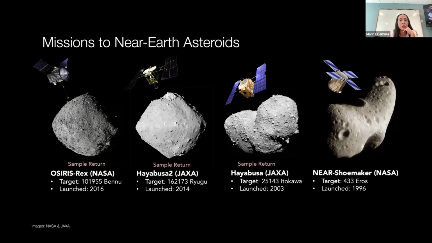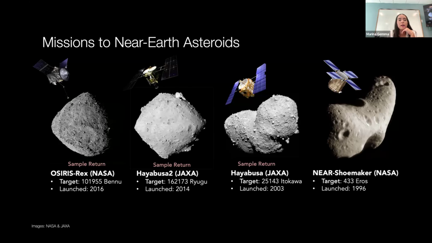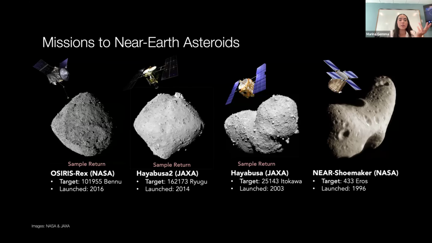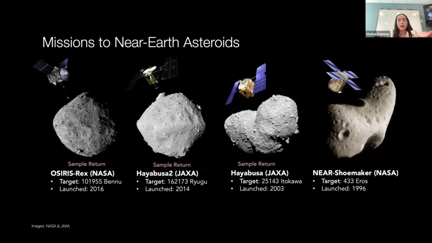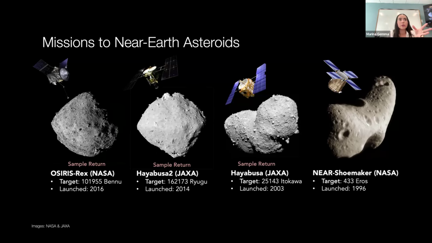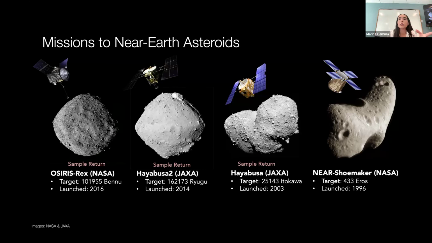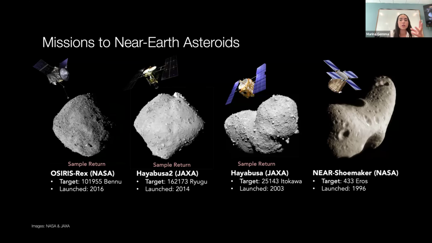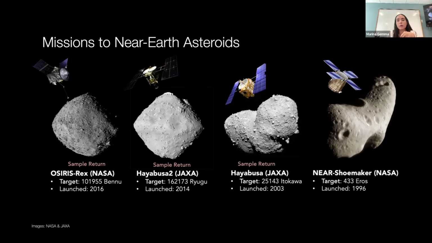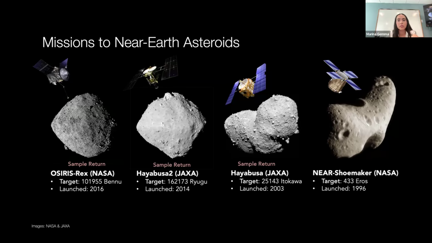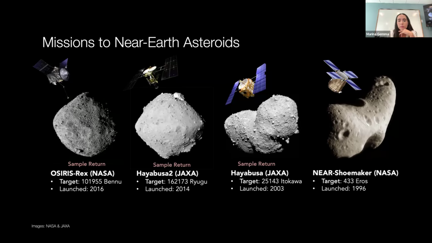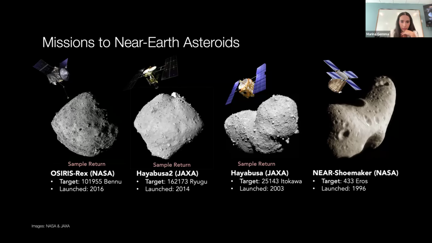And this allows us to improve our understanding of our remote observations, right? Because we can directly compare observations we made on Earth of these asteroids and our predictions of their compositions and their structures to the samples that are returned. So this is really invaluable in bettering our understanding of these objects, these sample return missions.